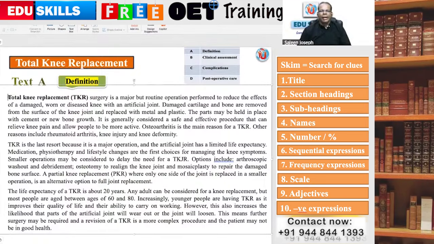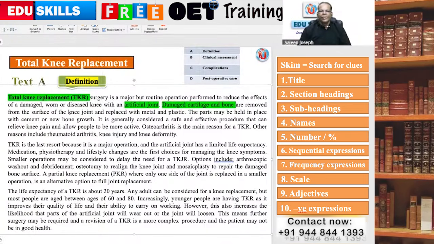Names. Yeah, total, this is both name and abbreviation. Then numbers, where is number? Artificial joint, organ, body part, right? Damage, cartilage and bone. Knee joint.